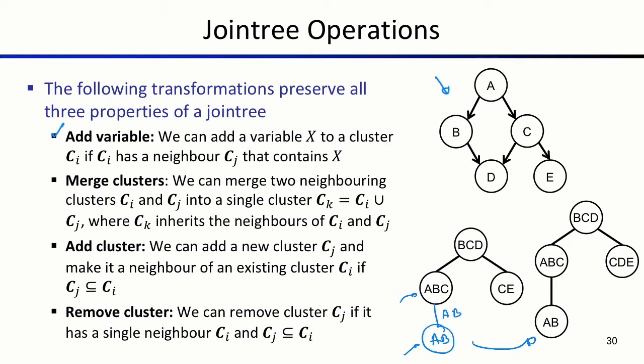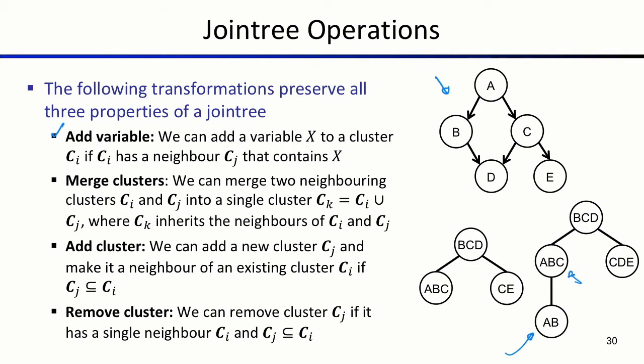All right, the last operation is to remove a cluster. So we can remove cluster CJ if it has a single neighbor CI and CJ is a subset of CI. So it's also exactly what we have here. This cluster, this guy here, has just one neighbor, and the variables that I have here constitute a subset of the variables that we have here.